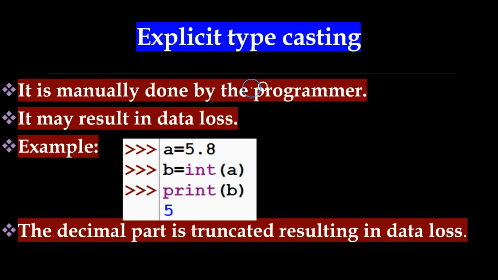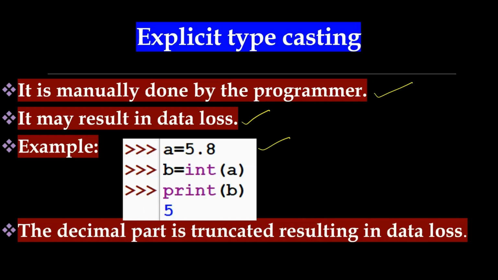It is done manually by the programmer and it may result in data loss. For example, a is equal to 5.8, which is a float value, and we convert this 5.8 into an integer data type. When we print b, it gives you 5. The decimal part is truncated, resulting in data loss.